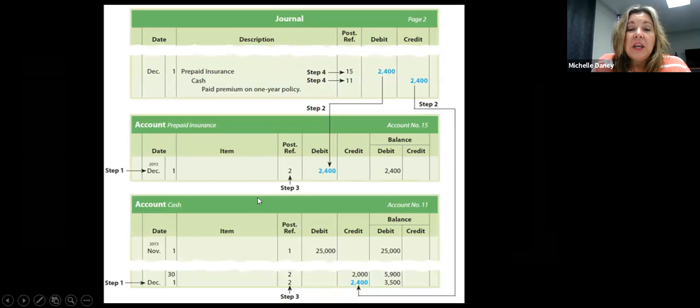So if we use ledger accounts, and I've got these dedicated balance columns, like look down here at this cash account at the bottom. Notice every time I posted a debit or a credit, then I calculated a new balance. That comes in very handy.